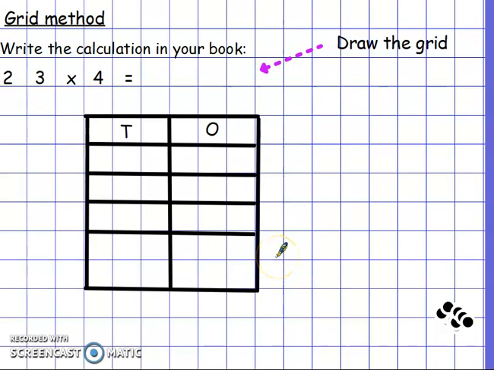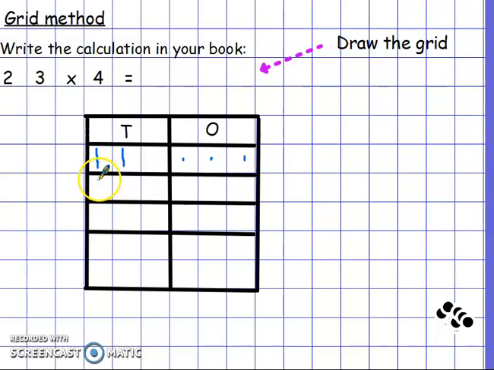I'm going to draw. So we're going to draw 23 4 times. So in my tens column, I'm going to do 20, 10, 20, and then 3. 1, 2, 3. That's one lot of 23.